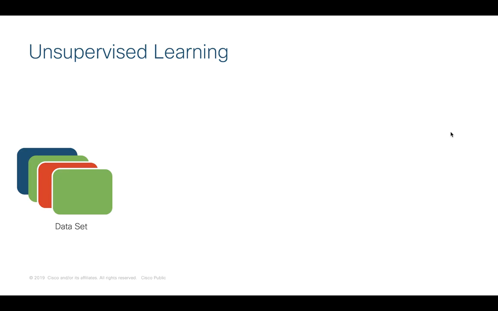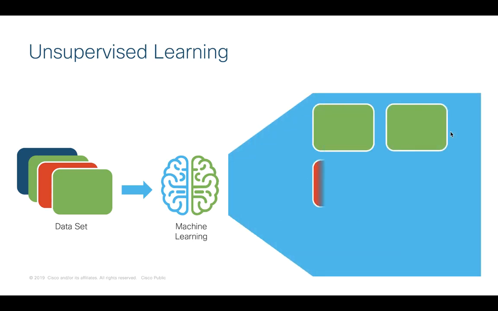So here we're taking the example of unsupervised learning. As I said, unknown data set. Obviously this is an example, so it's pretty easy for us to look at it and understand it. But in the real world, this would be either larger or more complex or more opaque. We feed it into our machine learning engine, and our machine learning engine is able to look at this and understand the patterns.